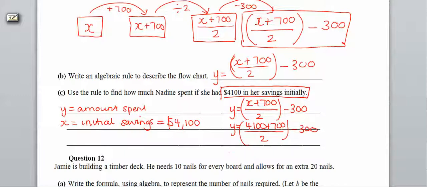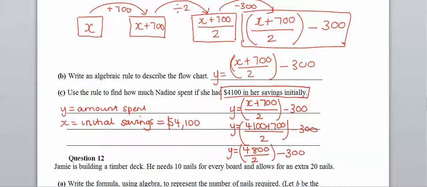Now the first part of this we do is the brackets. So we do what's on the top of the line. So 4,100 plus 700 equals 4,800. We haven't divided it by 2 yet, so don't forget that. All in brackets minus 300.